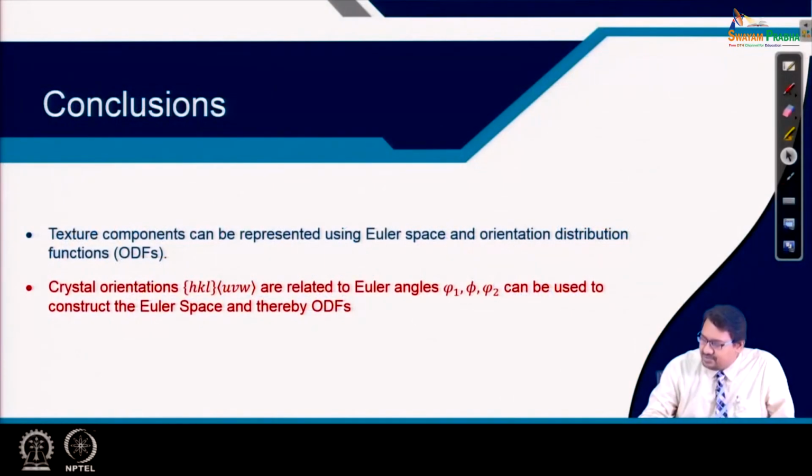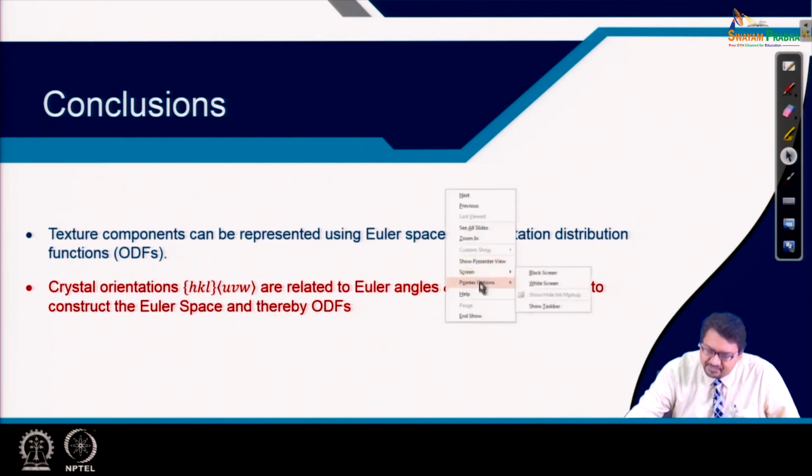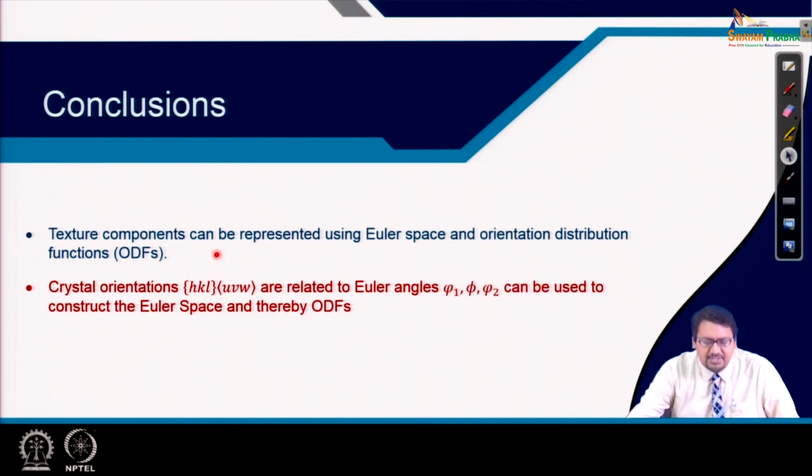So, from this lecture course, these sessions on Euler space and Euler angles, we could find out that texture components can be represented in terms of Euler space and orientation distribution function, and then the crystal orientations, important orientations, that is HKL UVW, in terms of rolling plane and rolling directions, can be related to these Euler angles phi 1, phi, phi 2, and can be used to construct the Euler space and thereby the orientation distribution functions.